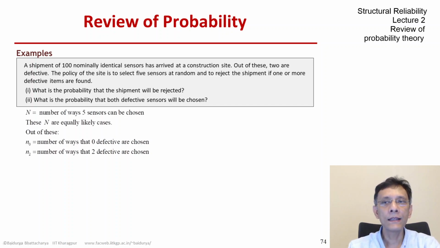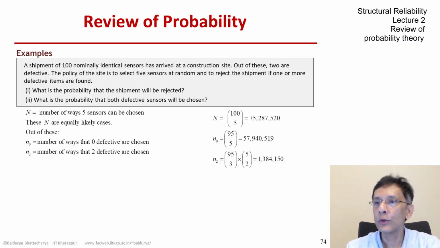Capital N is the number of ways that 5 sensors can be chosen from the 100, and lowercase n0 is the number of ways that we choose none of the defective items, and n2 is the number of ways that we choose 2 defective items. So let's count those 3 numbers.